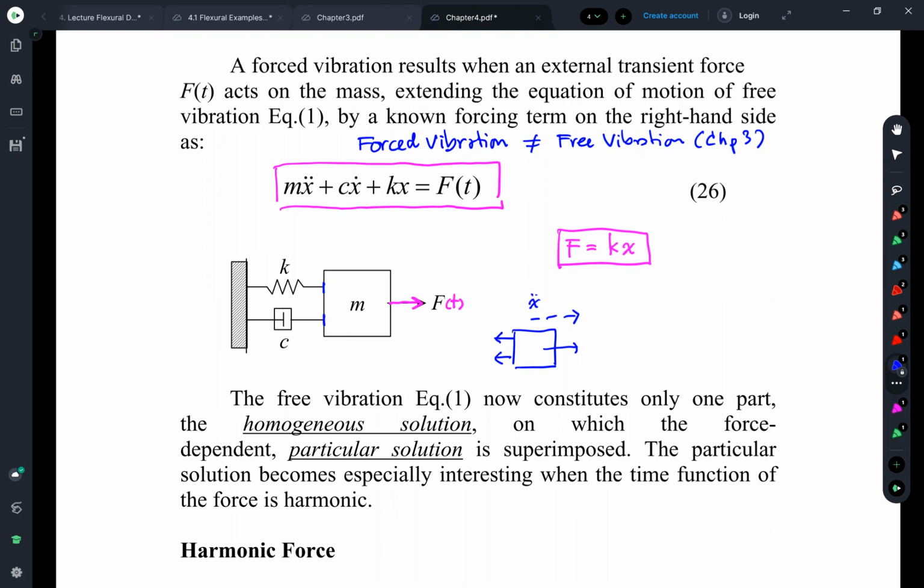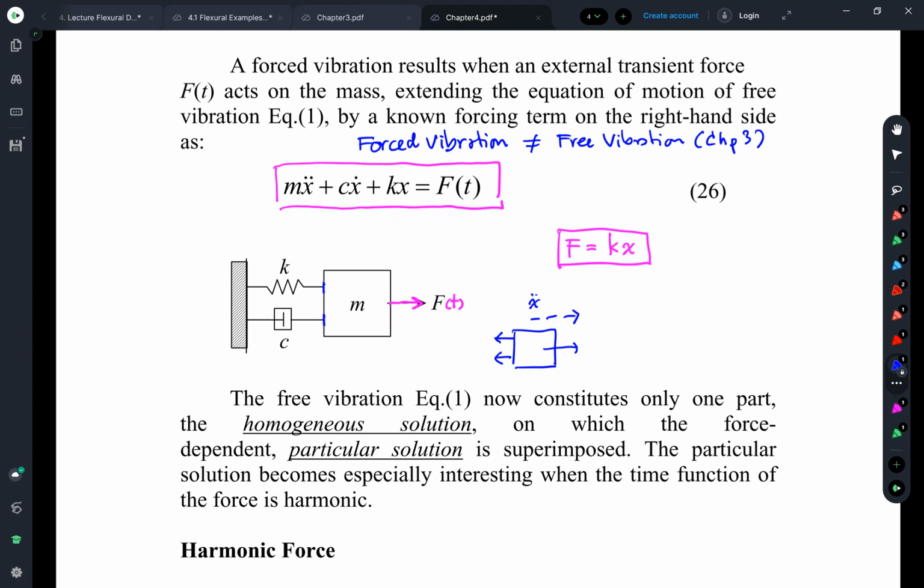But before we get into the detail, it's quite common to know that the general solution of equation 26 is a combination of two parts of the solution.